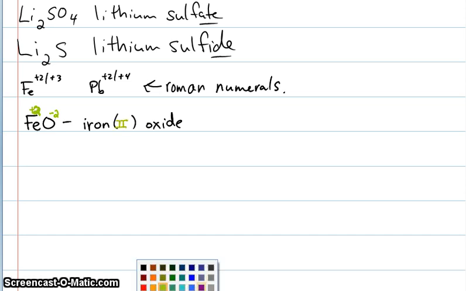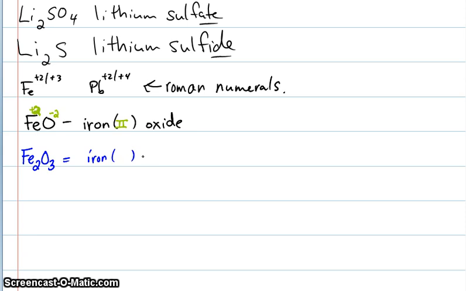Now, what if the formula were Fe2O3? Well, we still know that it's iron something oxide. Isn't that cool? But we need to designate which charge the iron's going to have. This one's a little bit trickier. Some students like to do a method that I call crisscross backwards.